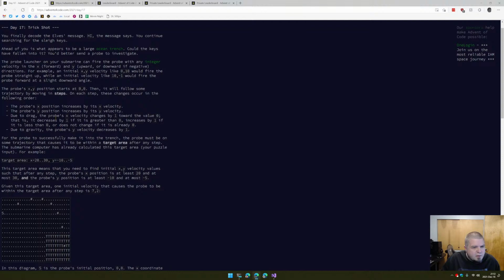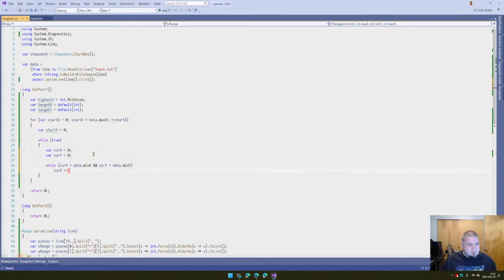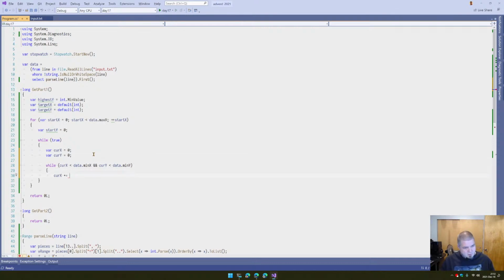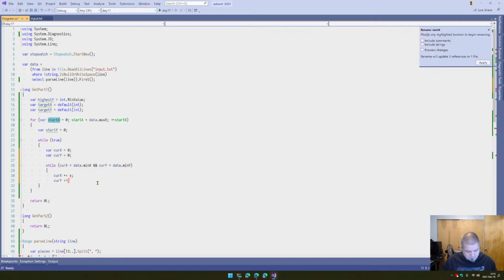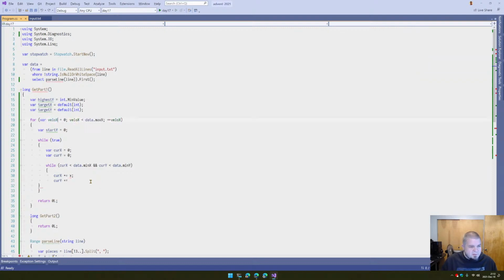Starts at 0, 0. On each step, it increases by its x velocity. It increases by its y velocity, but it also decreases x by 1 and y by 1. Increases by 1 if it's less. Oh, this is different. Okay. So the current x plus x, and current y. We'll call these velocity x and velocity y.